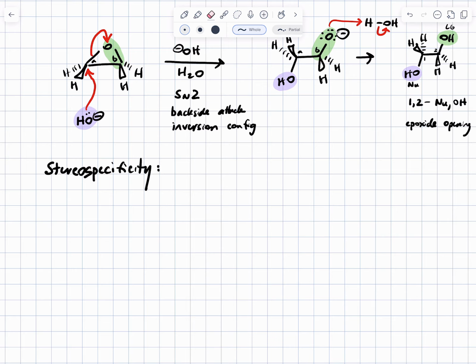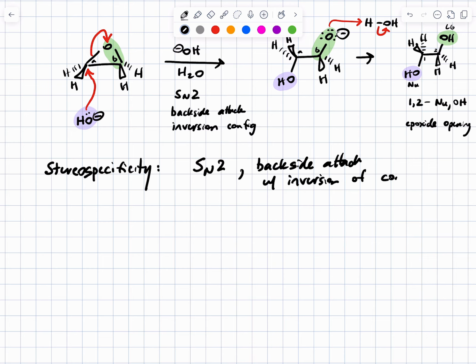Okay, so the issue of stereospecificity is related to the fact that this mechanism is SN2, and therefore you are required to have backside attack with inversion of configuration.